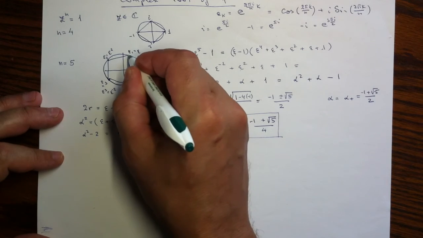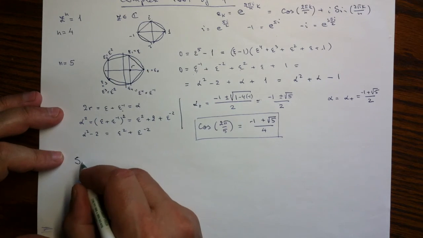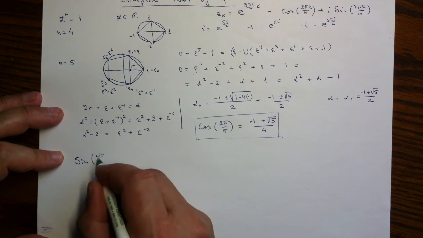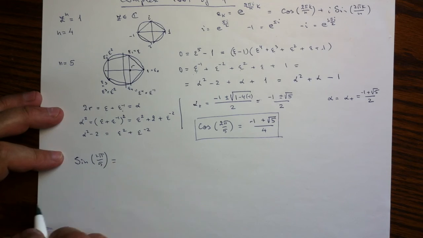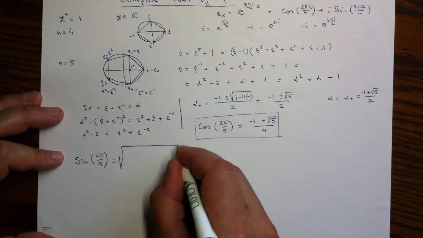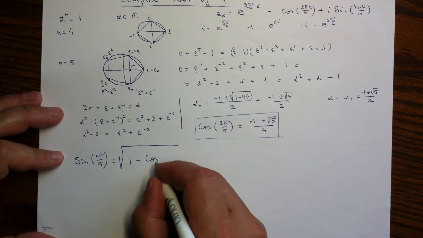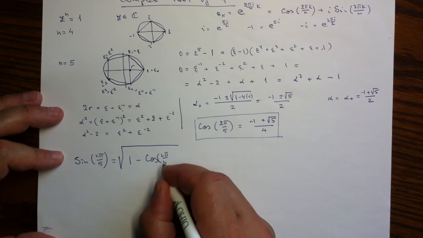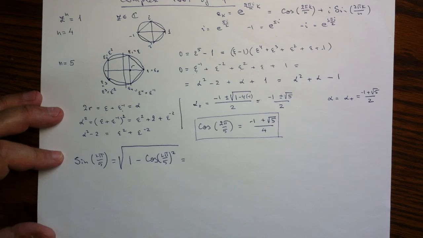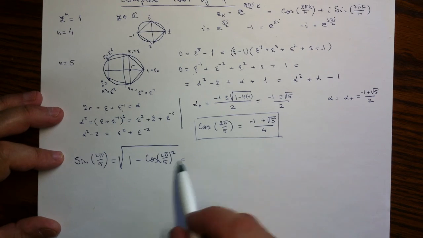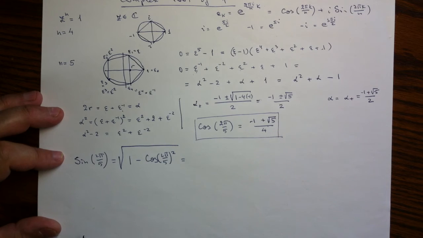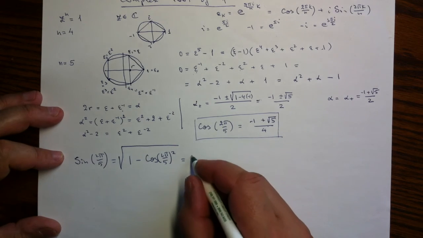The y coordinate is called the sine of 2 pi over 5, and we can use Pythagoras, write it as the square root of 1 minus cos of 2 pi over 5 squared. So that can be computed just by using the already obtained answer for cos.